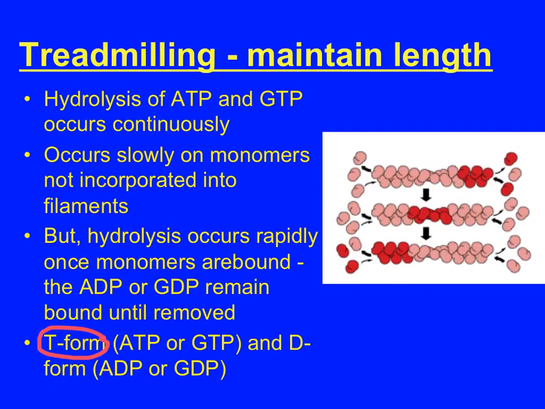It's not about energy or the amount of bonds. It's a difference in conformation. The D form is less stable than the T form, so the longer it's around, the more likely it is to come back off.